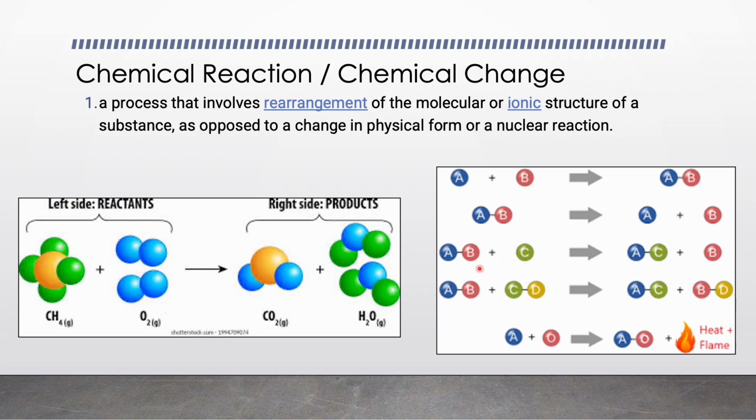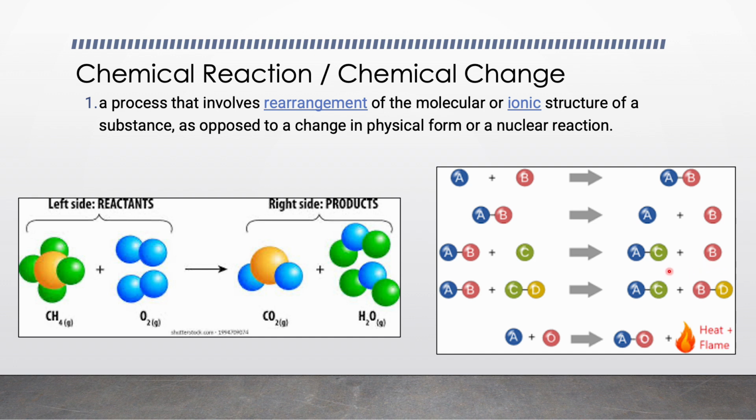You could have a chemical reaction where you have a compound added with an element. Again, the rearrangement in those molecules: notice A and B for reactants combined with C. Over on my product side, A is now combined with C and B has been left out.